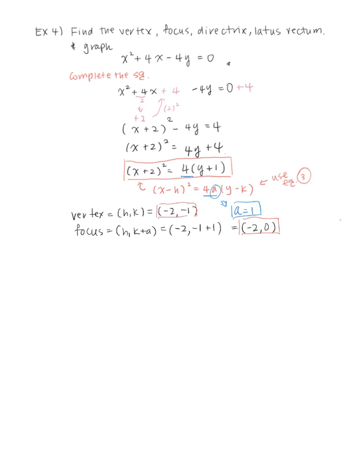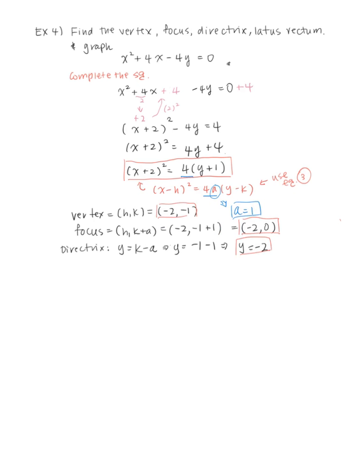And what's next? Directrix. In this case, y equals k minus a, so y equals negative 2. That's going to be the line of the directrix.